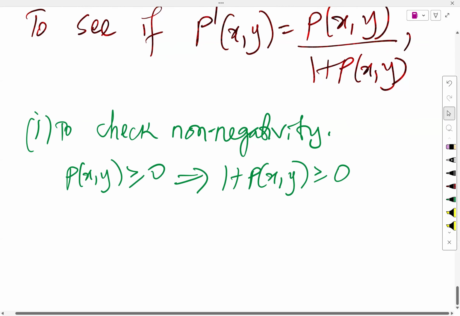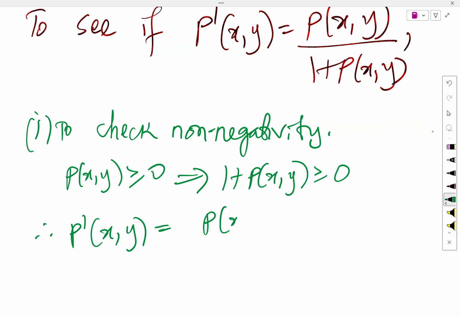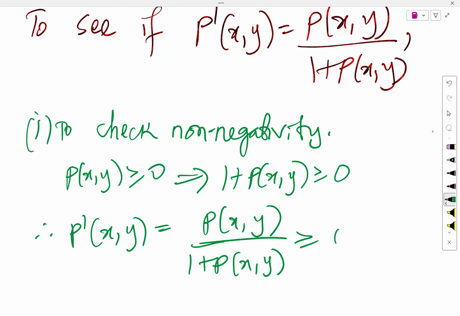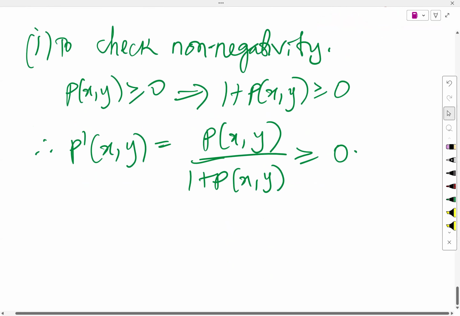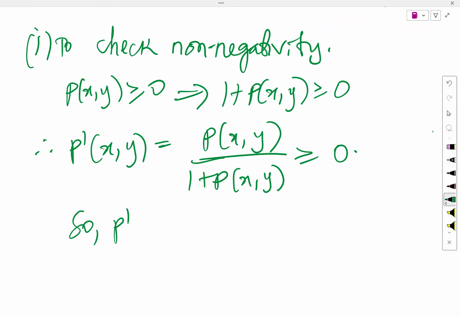So we can say therefore P prime of X comma Y, which is equal to P of X comma Y, non-negative, all over 1 plus P of X comma Y, which is also non-negative. Overall everything is non-negative. That's a very nice argument to follow. So P prime of X comma Y is greater than or equal to 0. Settled.